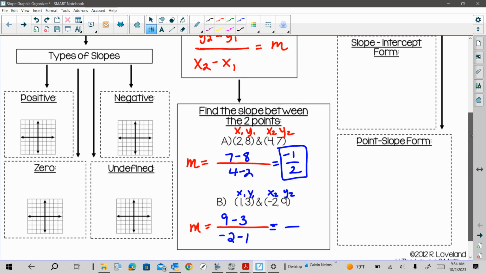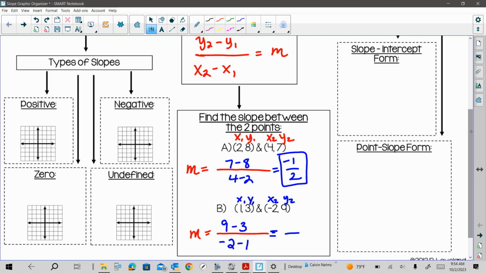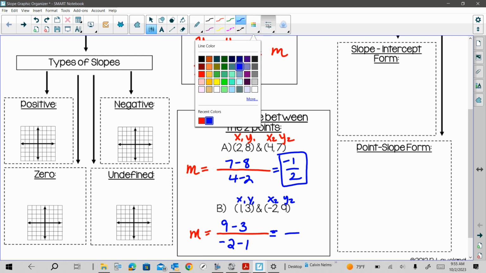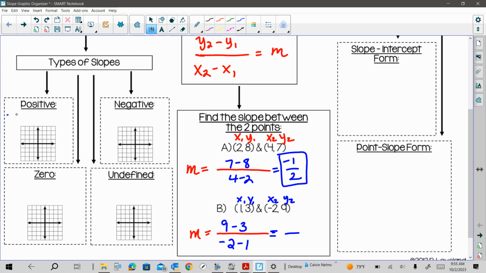Now, on your types of slopes, for a positive slope, it should always end up increasing. Increases left to right. So when I'm reading left to right, I need to see a line increasing.